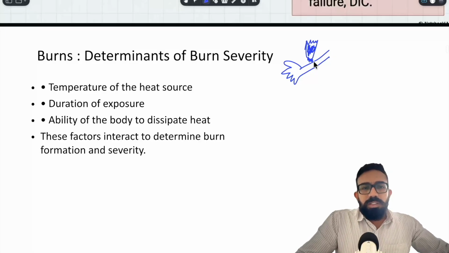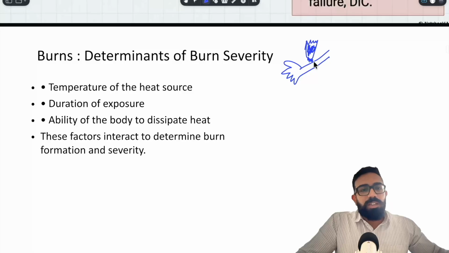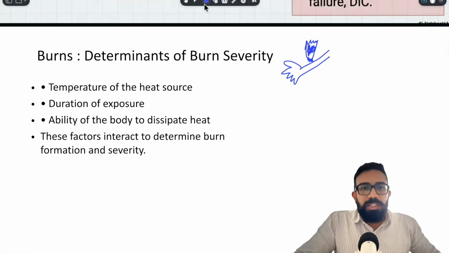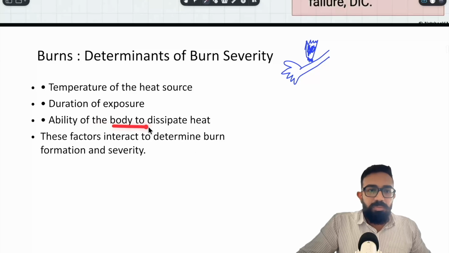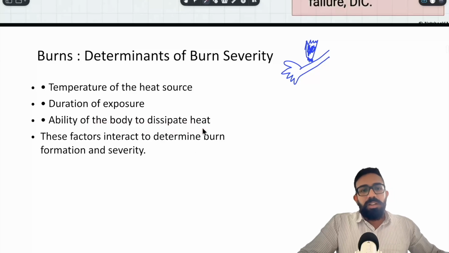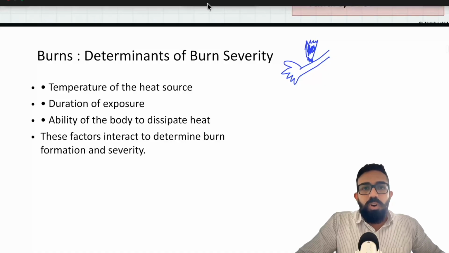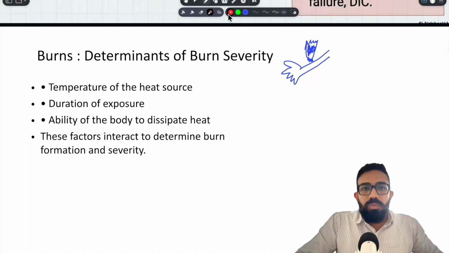First of all, what are the determinants of burn severity? The determinants of burn severity are, as given in the slide, that the temperature of the heat source matters, the duration of exposure matters, and the ability of the body to dissipate heat. Now, the most important thing is it's not just how hot the surface or the flame is.